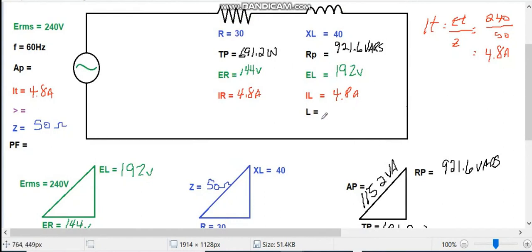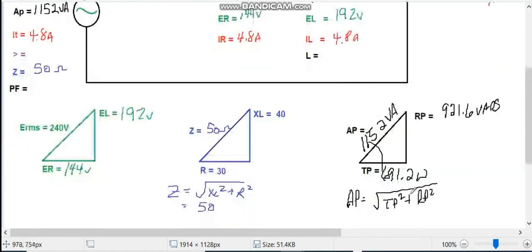So the value of inductance, or L. So we still need to find our power factor. I can put my apparent power in there, which is 1152. So we still need to find our phase angle and our power factor. And we can find our power factor by putting our true power over our apparent power.